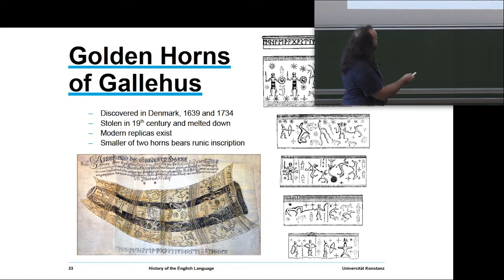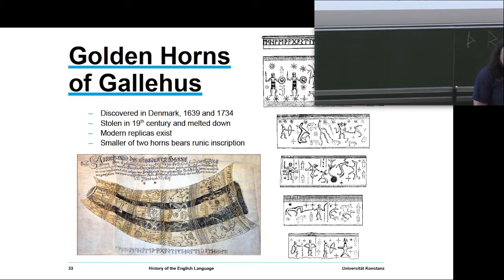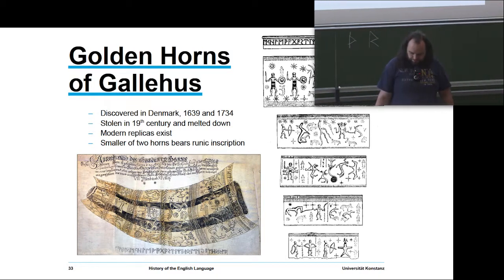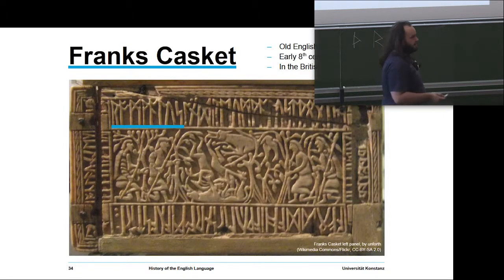As you can see down here, the runes were carved around the top end of the horn, around the end that's furthest from the mouth. So this is a runic item. This is one of the very earliest pieces of concrete evidence for the Germanic languages.